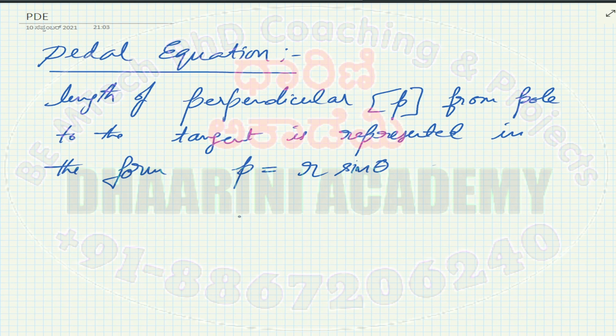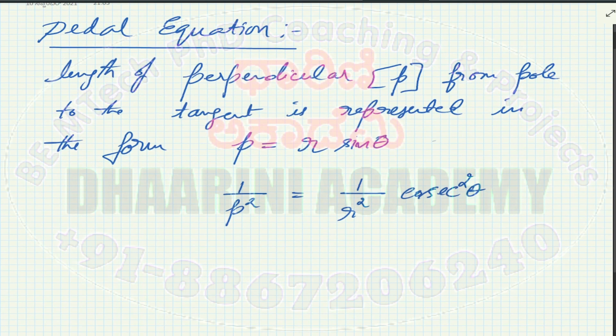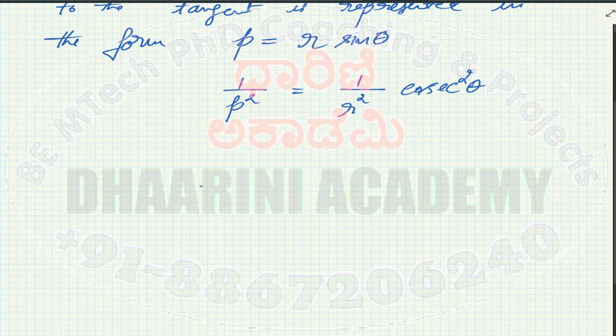The second format is 1 divided by p square is equal to 1 divided by r square into cosecant square theta. That's the second format. Or you can also write in the third format 1 divided by p square is equal to 1 divided by r square into 1 plus cot square.